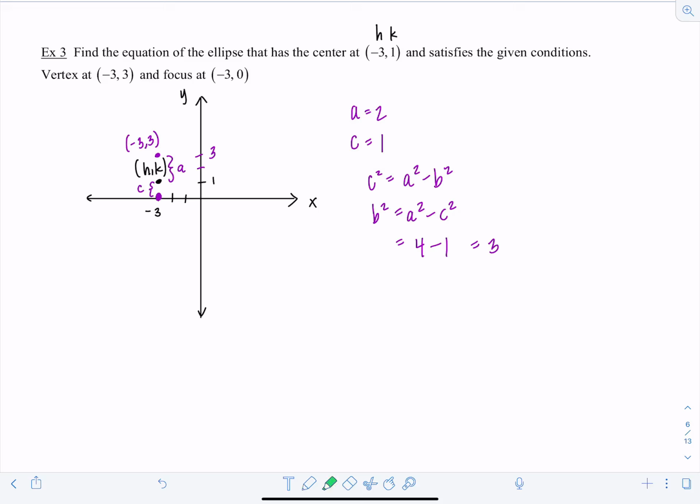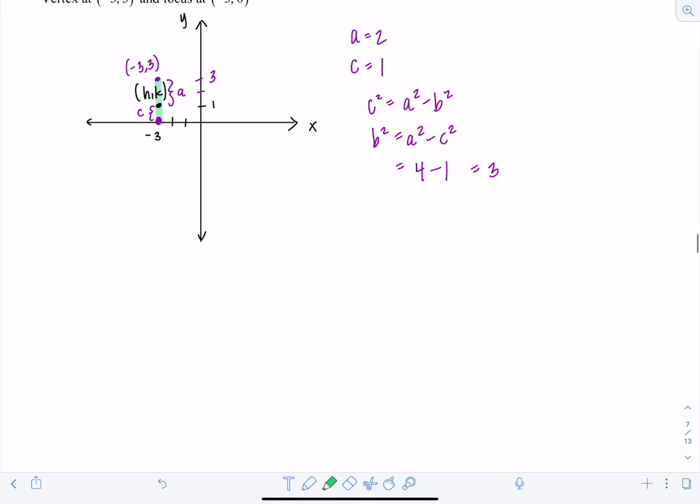Okay, now notice here the foci were lying vertically, right, when stacked with the center. So that means the major axis, also the vertices were there. So the major axis is parallel to the y-axis. So A squared goes underneath the y term. So my form is going to be x minus h squared over b squared plus y minus k squared over a squared equals 1.